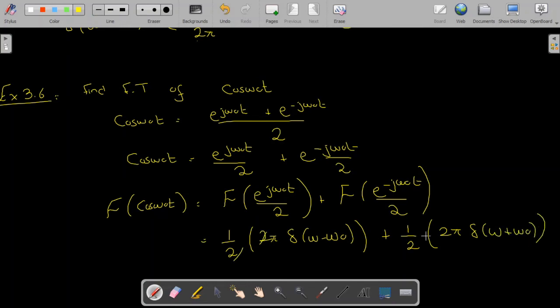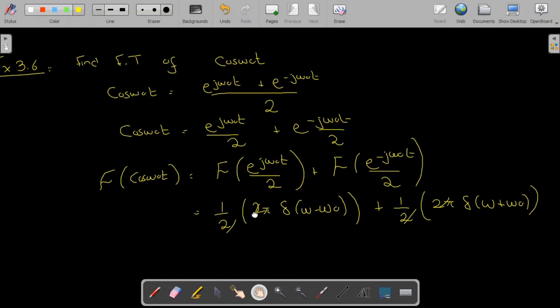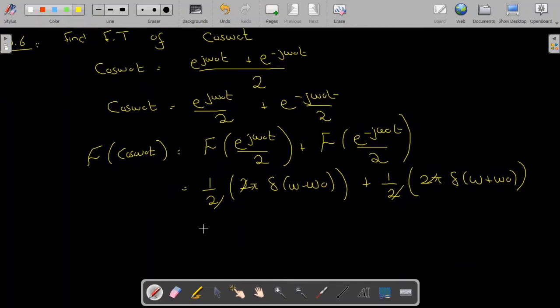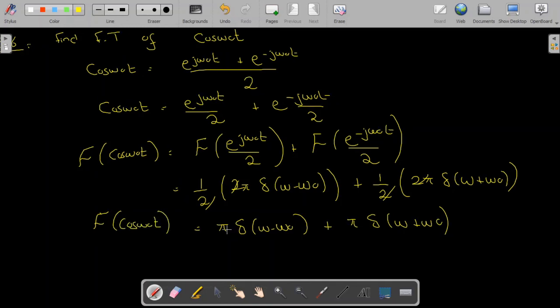This 2 will be cancelled with this, and we are going to have the Fourier transform of the cosine function equal to pi delta omega minus omega naught plus pi delta omega plus omega naught. So this is in the omega domain. So this is the Fourier transform of cosine omega naught t. So this is in the omega domain, that is in the angular frequency domain.